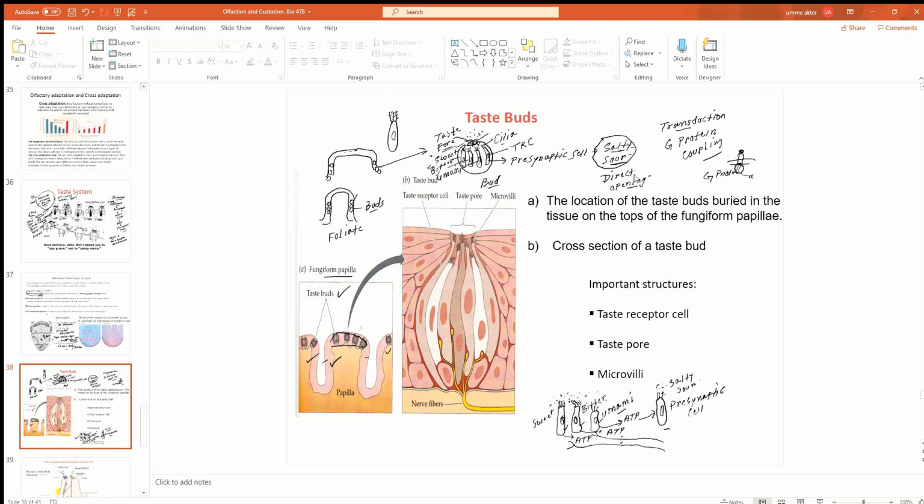And here you have the synapse, the cranial nerve fiber, and the neurotransmitters are released at this synapse. So the main neurotransmitter that has been identified, that is released here, is serotonin.